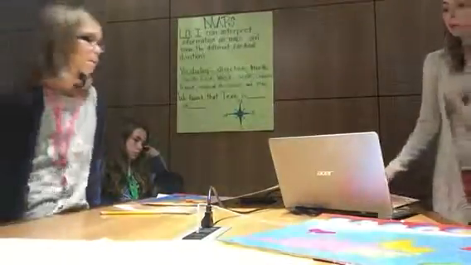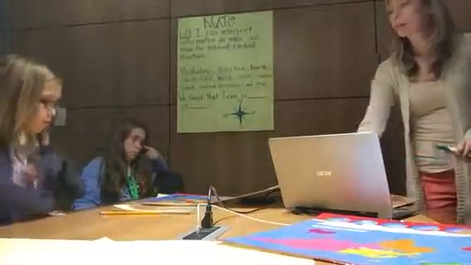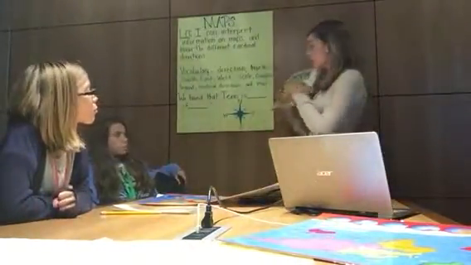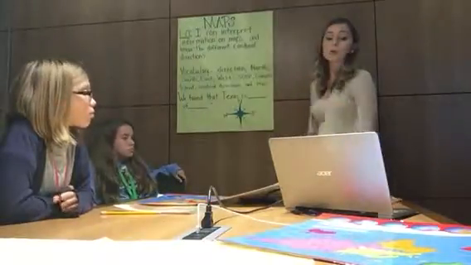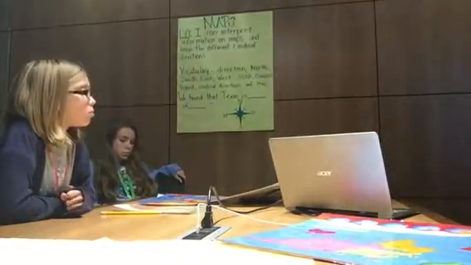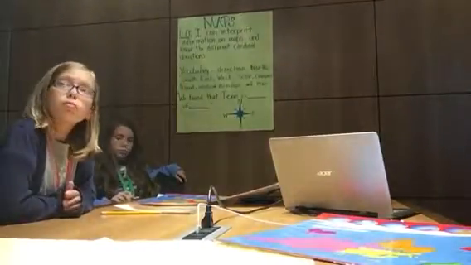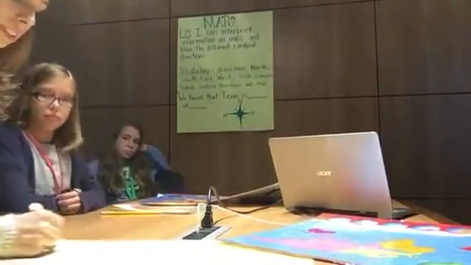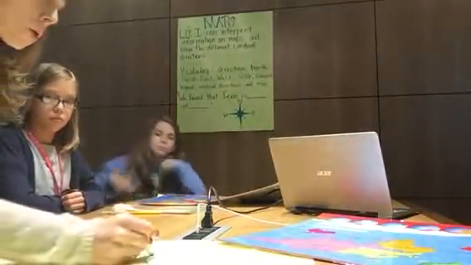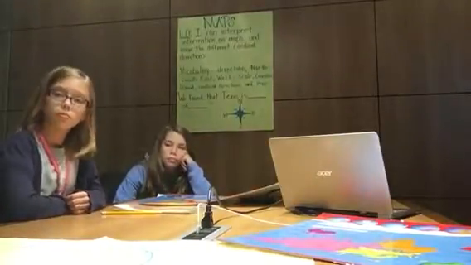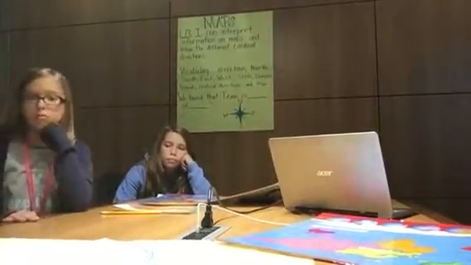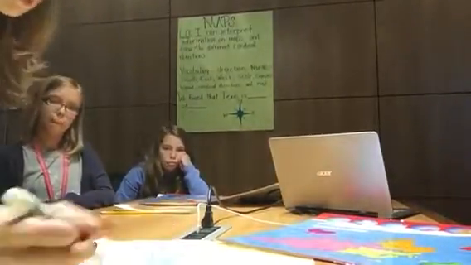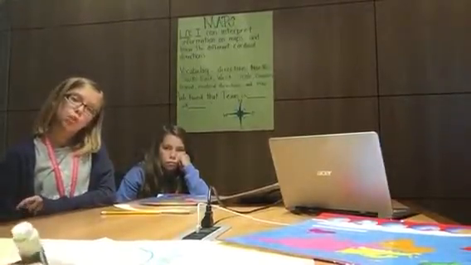Okay, so now that we've learned about maps, and we also learned about globes, what I want you to do is we're going to compare and contrast globes and maps. You're going to tell me what is different between the two and what are the similarities. So here we'll label this one maps and this one will be globes.